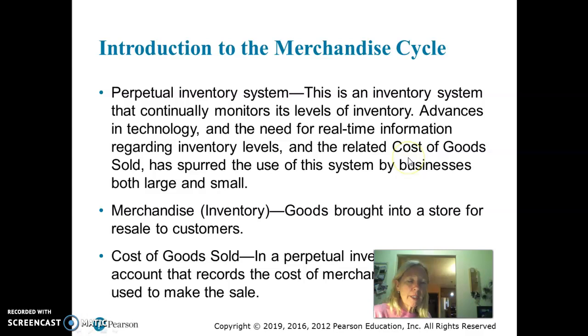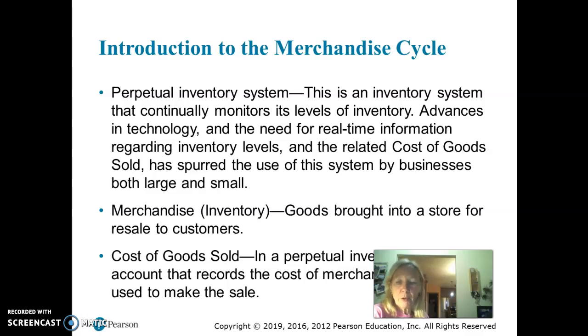So perpetual inventory system is a big word for just basically saying that inventory is the merchandise you have in your business that you sell. So let's say you have a feed store, you sell feed. If you have a veterinary pharmaceutical business, you sell livestock drugs and supplies. So perpetual inventory means that we just constantly keep inventory.